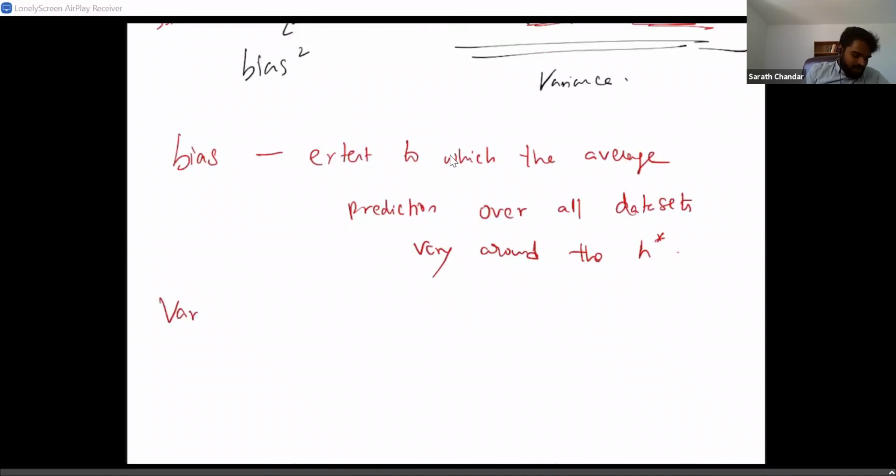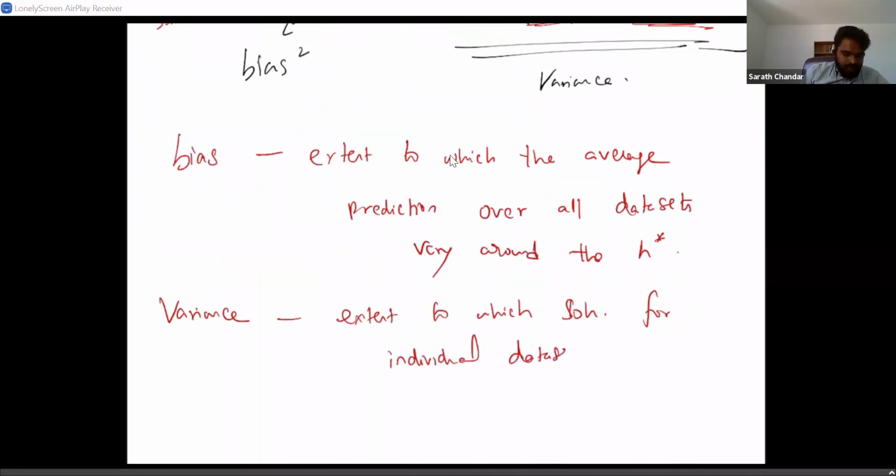Similarly, variance is the extent to which the solution for an individual data set varies around the average.